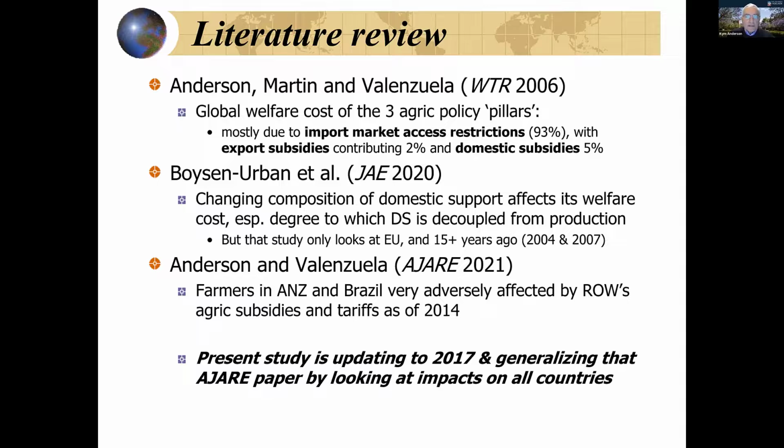The work I did with Ernesto a year or so ago was for the Australian government, wanting to know how Australian farmers were adversely affected by the rest of the world's agricultural subsidies, and comparing them with tariffs. We also added New Zealand and Brazil just to look at those by comparison. They turned out to be the three most adversely affected countries from these global agricultural subsidies. But that was using the 2014 database. So here we are updating to 2017 and generalising that AJAR paper to look at the impact for all countries. Thanks, Anna.